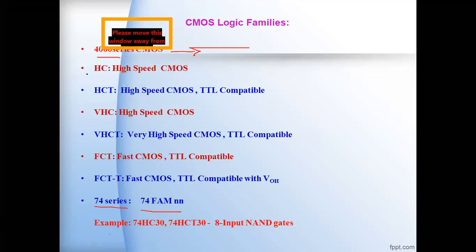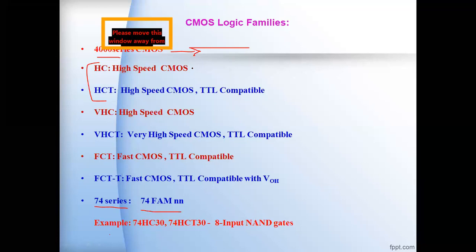So the various CMOS logic families are, after the 4000, HC and HCT. High-speed CMOS, and high-speed CMOS TTL compatible. What is the difference between these two? High-speed CMOS devices mean that a CMOS gate output can drive the CMOS gate inputs effectively.